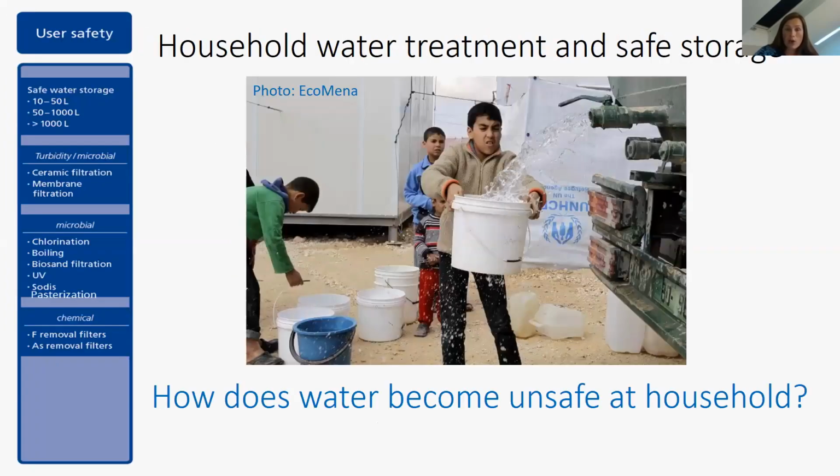So now we are coming almost to an end, thinking about household treatment and safe storage. I know that very often this is not considered a valuable option in, for example, refugee camps, but it's more and more the case that the safety of the household has to be considered. To know why, we have to think about how water can become unsafe at the household.